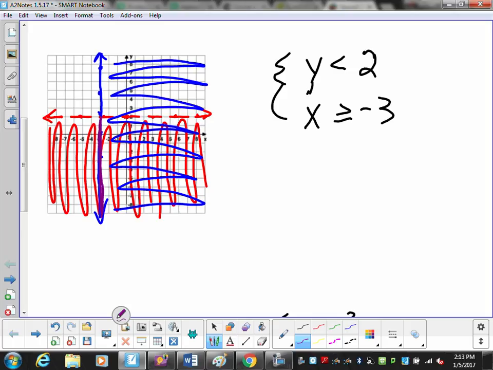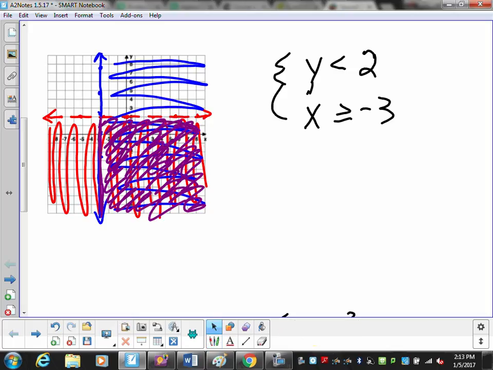Because being dashed, it doesn't include that line. But it does include everything inside it. So the whole box right there is the solution. Everything in that box will be a solution.